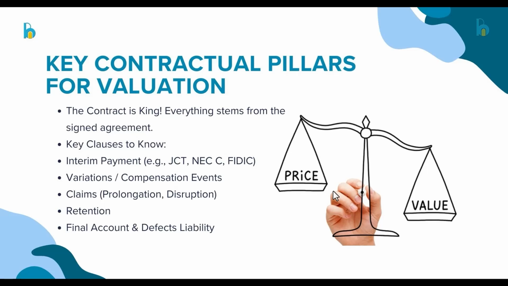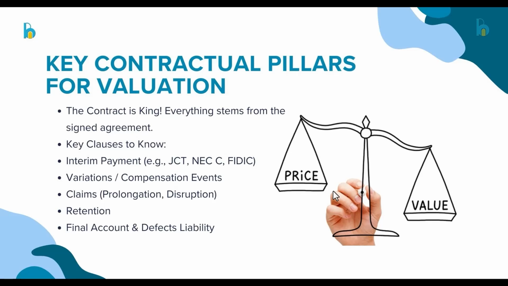Because sometimes, depending on the contract agreement, that will determine the type of construction document to use, whether JCT or FIDIC. So which one is for your region? I think JCT is globally used. FIDIC is also globally used.